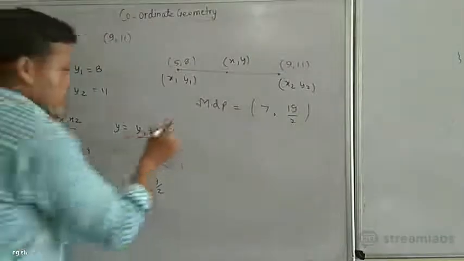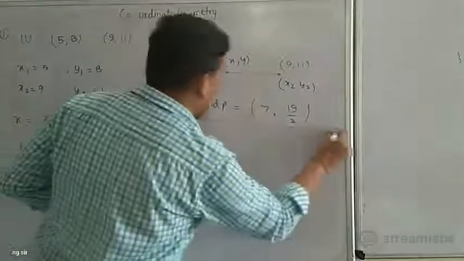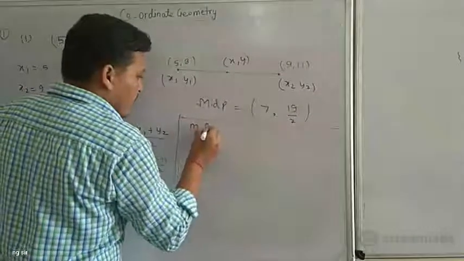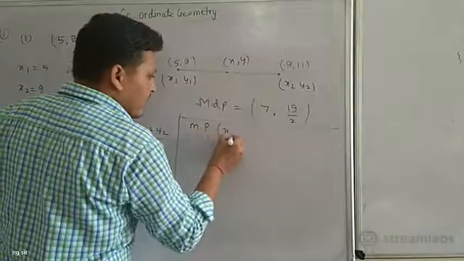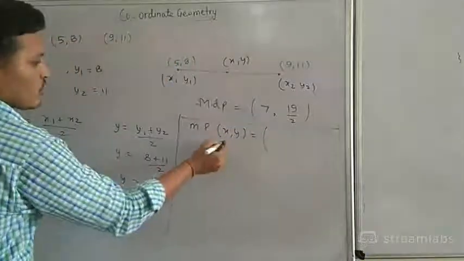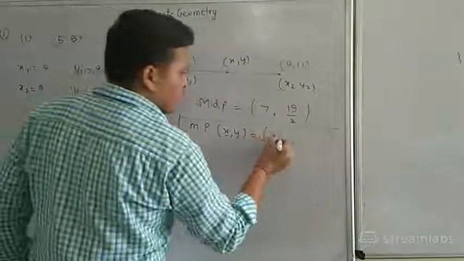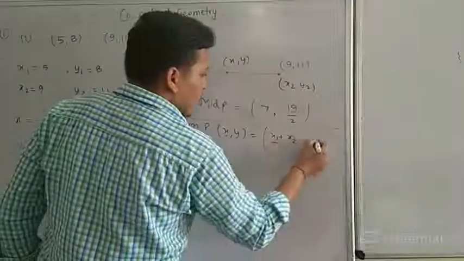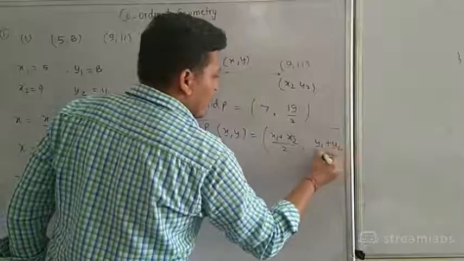Otherwise, there is another method, you can use this method also. The midpoint is denoted by x comma y. So first write the coordinate of x. x is x1 plus x2 upon 2 and second is y1 plus y2 upon 2.